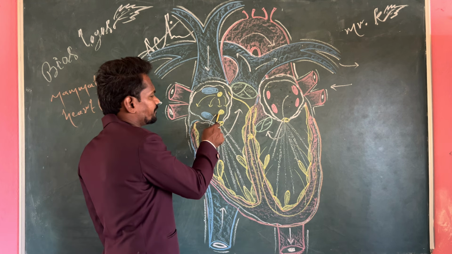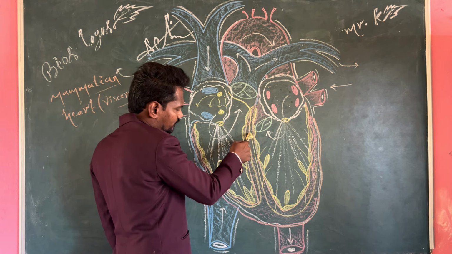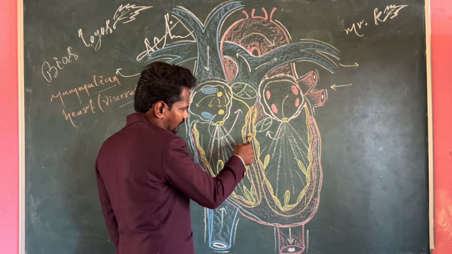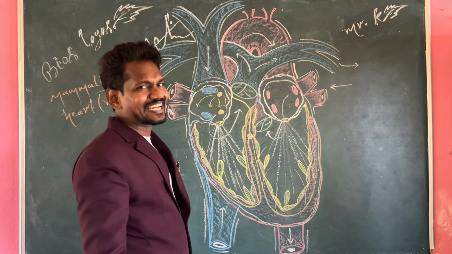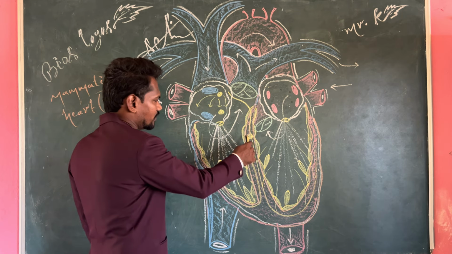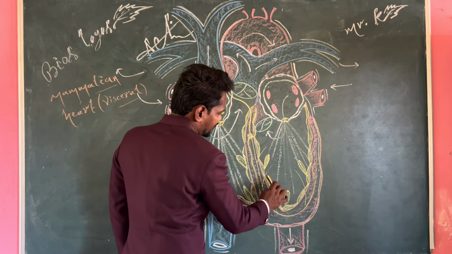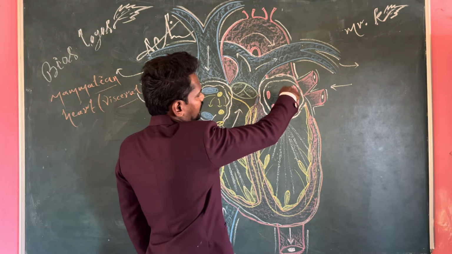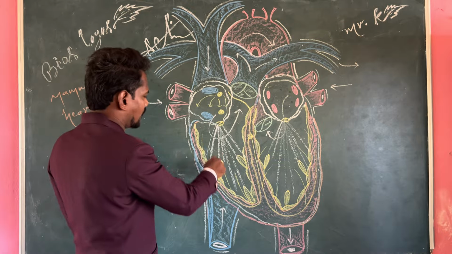So from the AVN, the rhythm or impulse is reached to here. This is called the AV bundle, atrioventricular bundle or bundle of His. Then from the bundle of His, special fibers arise. These are called Purkinje fibers. Then they are spreading throughout the chambers of the heart.